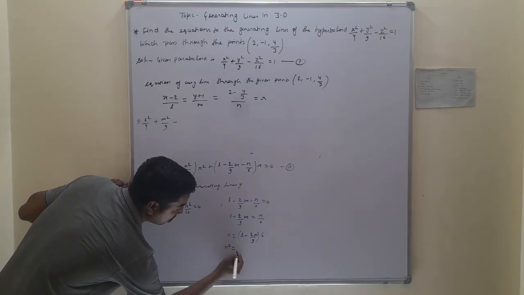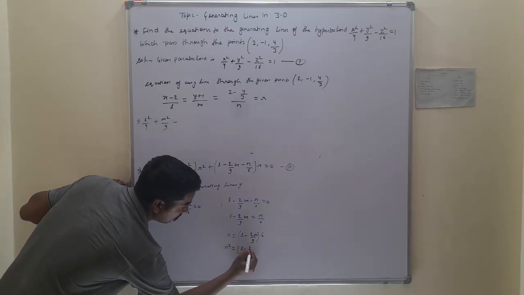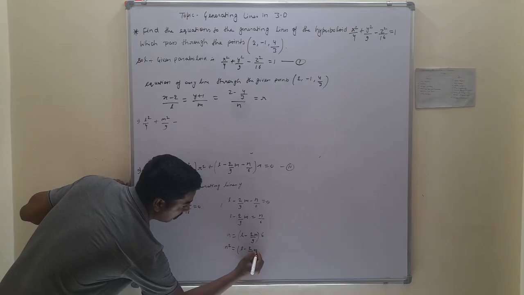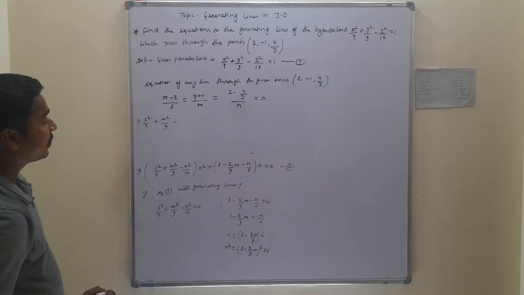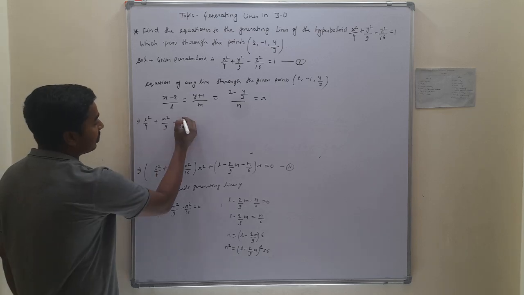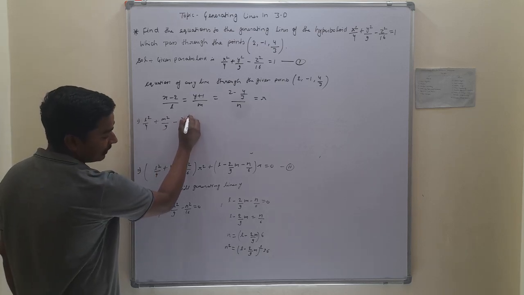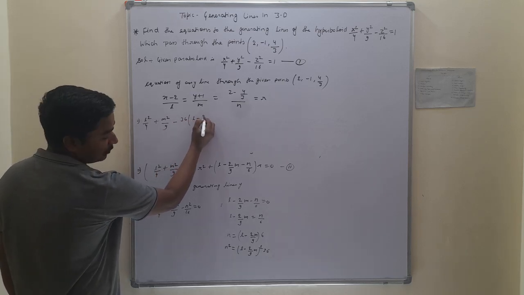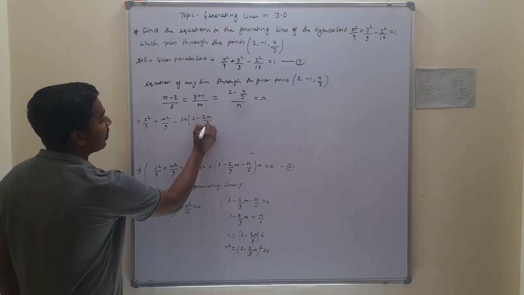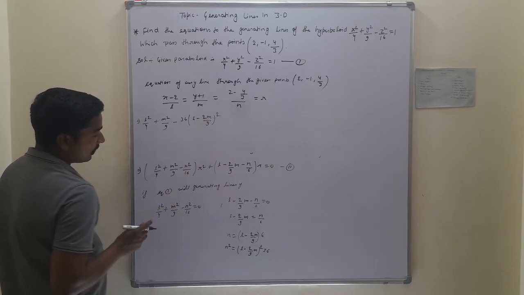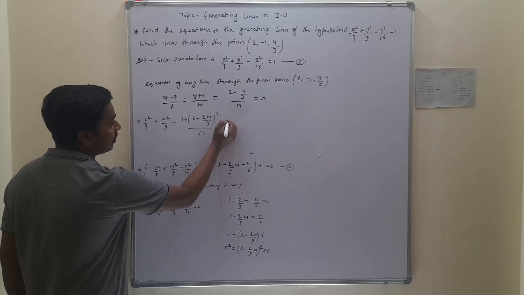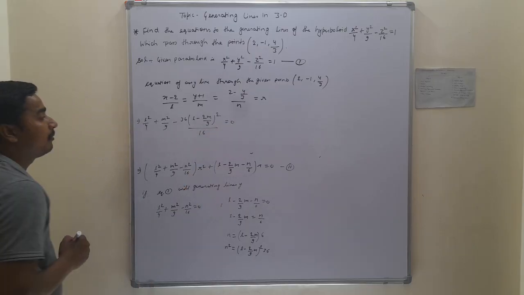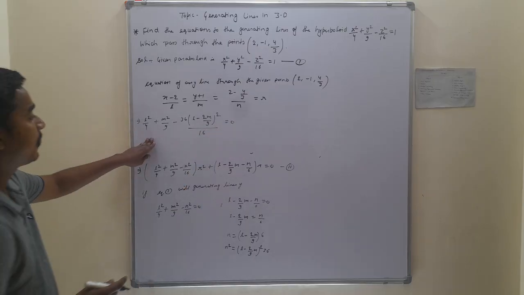N square is given by l minus 2 by 9 into m whole square into 36. So we have to put in place of n square, 36 into l minus 2m upon 9 whole square and whole upon 16 is equal to 0, and we have to solve this equation.